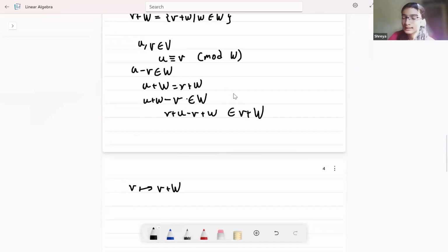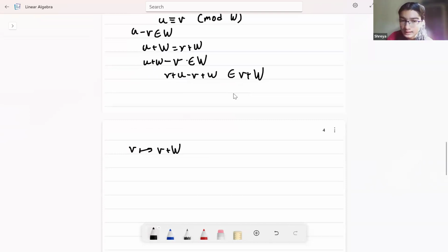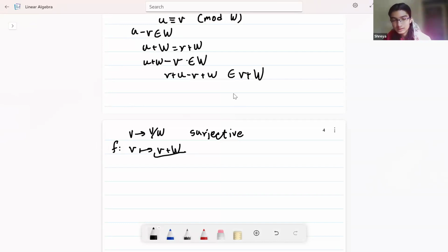So yeah, you have that function, and this satisfies the usual condition. So if you look at this function from V to V mod W, what this does is it is surjective naturally, because V mod W literally consists of all elements of this form.